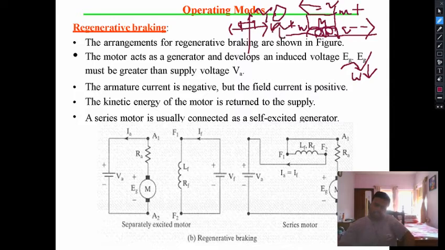Sorry, here in the x-axis it will be torque and the y-axis it will be speed. So let us draw this again.